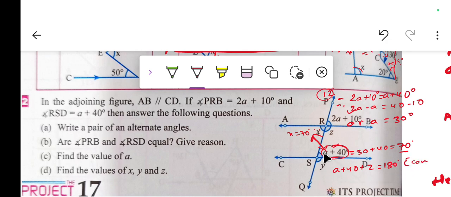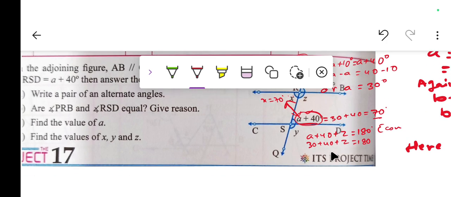The value of a we already have, that is 30. So 30 plus 40 plus z is equal to 180 degrees. Z is equal to 180 minus 70, that is equal to 110 degrees. The value of z is also clear now.